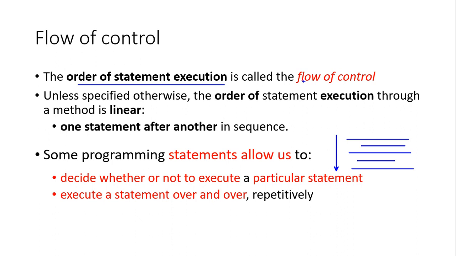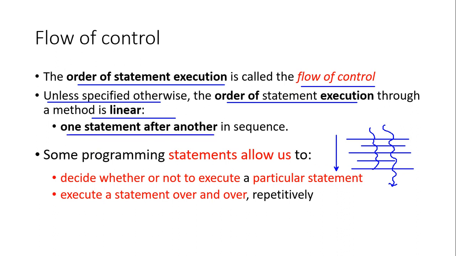The control flows from one statement to the next statement till the end of the program. If you don't specify any order, then the default order of execution is linear. It executes the first line, then the second, third, and so on. So one statement is executed at one time.